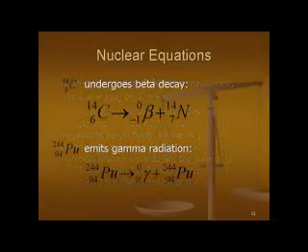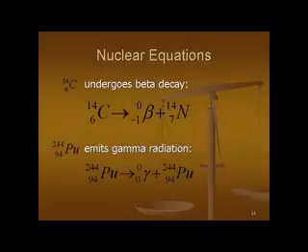Let's look at 2 other nuclear equations. Carbon-14, 14,6 carbon, undergoes beta decay. So for our radioactive reactant, or starting material, it's 14,6 C. The arrow means that the reaction is going to take place, and it yields a beta particle.